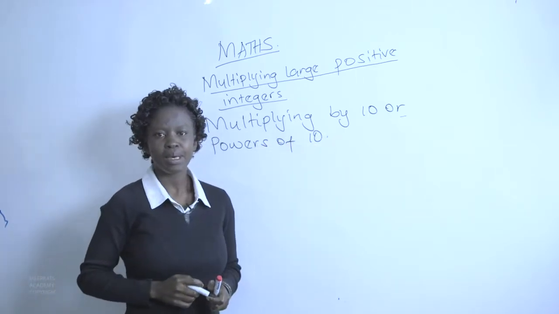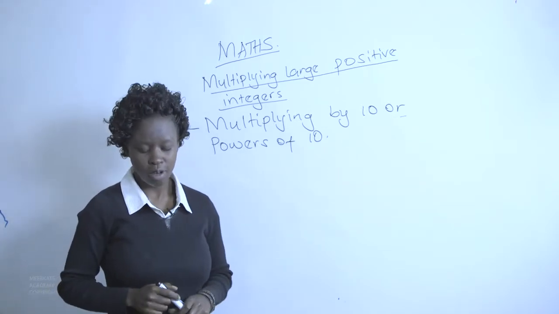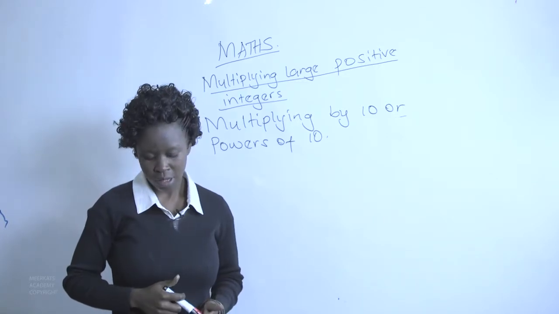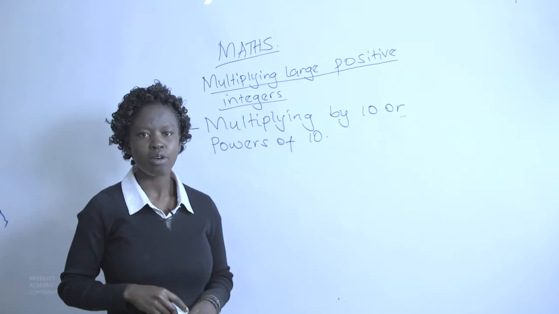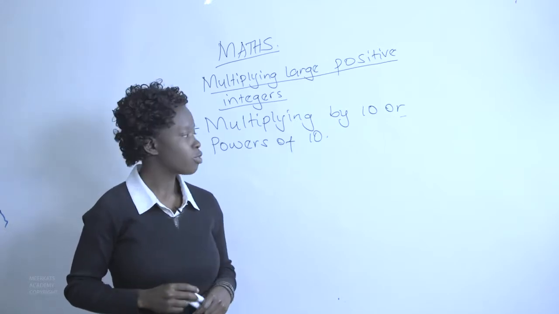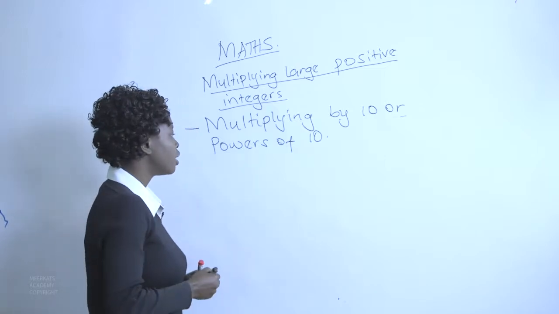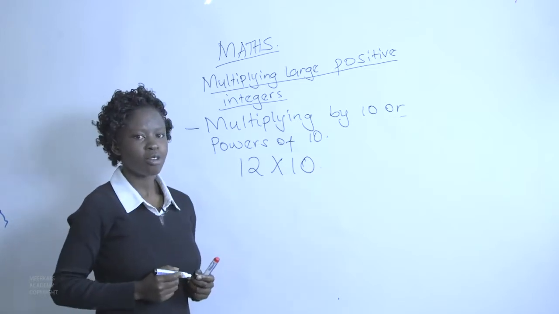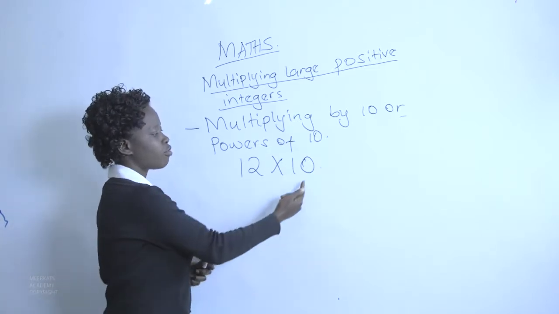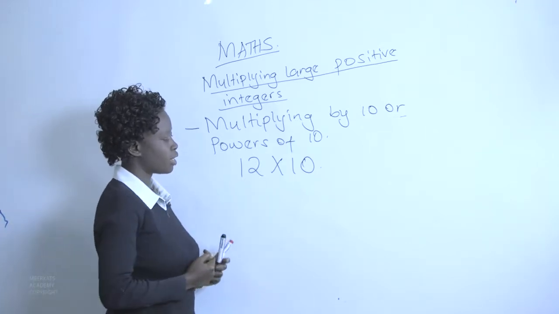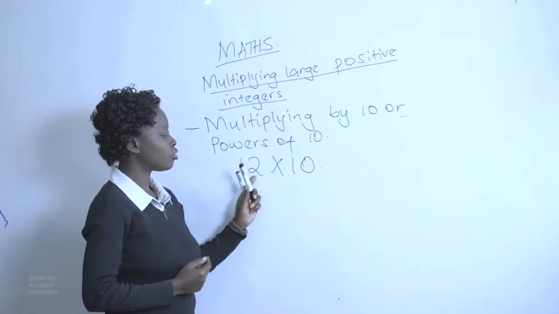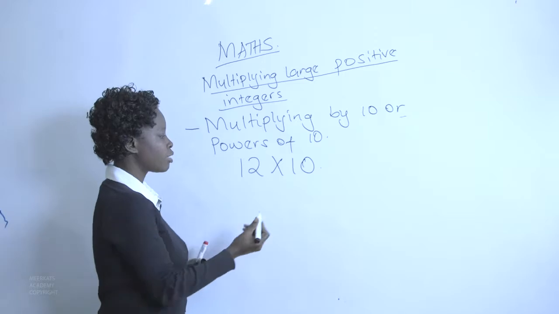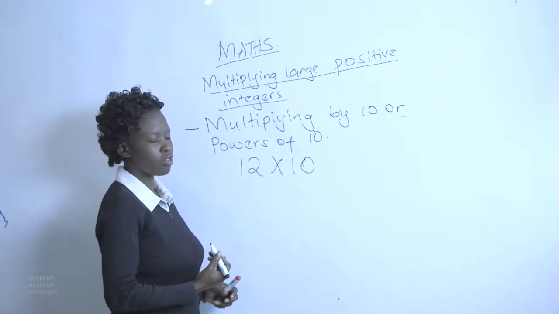When you're multiplying by 10 or the powers of 10, what simply happens is the digits move to the left by the number of zeros that are available. If, for instance, we have 12 times 10, we only have one 0. The digits are 1 and 2. They will move to the left by 1 step because of the 0, so that the 0 is now at the farthest end.